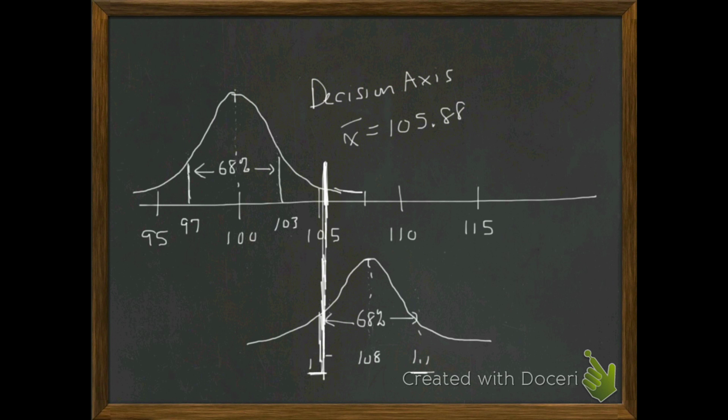So guys, if I get a sample mean in this area, I'm going to reject the null, and if I get a sample mean on the left of that, I'm going to fail to reject the null.